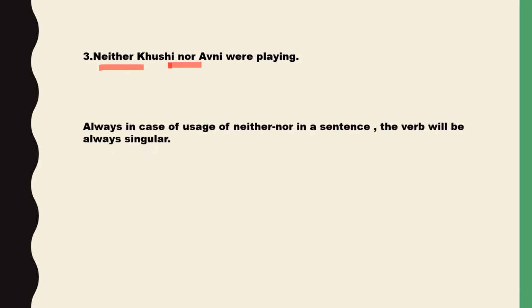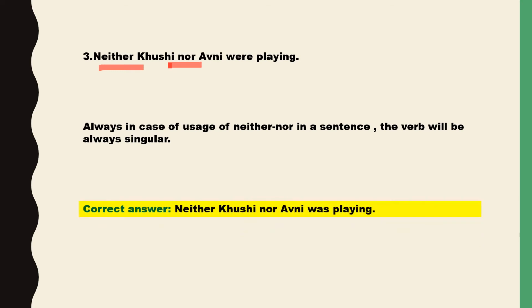I have written it here. So this rule should also be in your mind. If you have not watched that video, I am posting its link. Just go and watch it, please. So the answer will be neither Khushi nor Avani was playing. You have to use the singular verb here. Clear? Now moving to the fourth question.